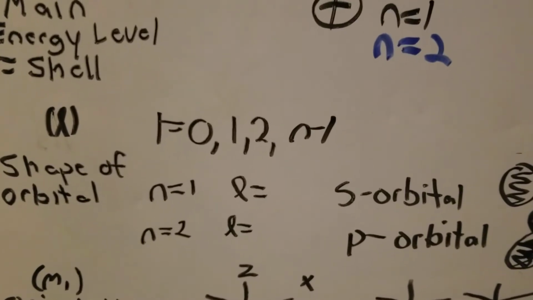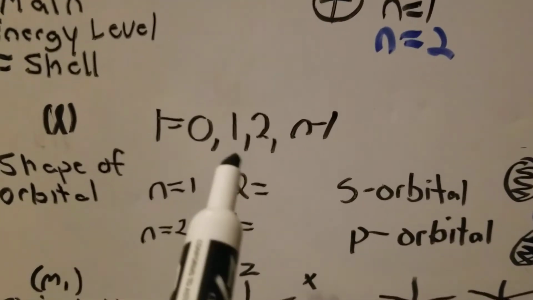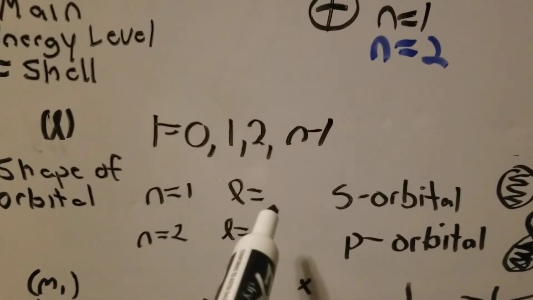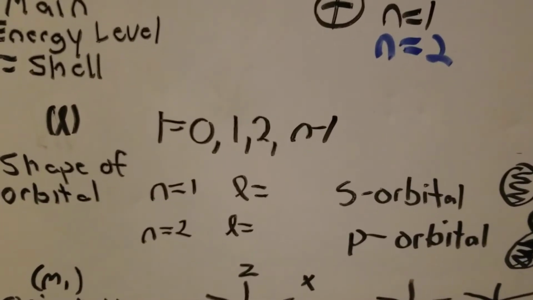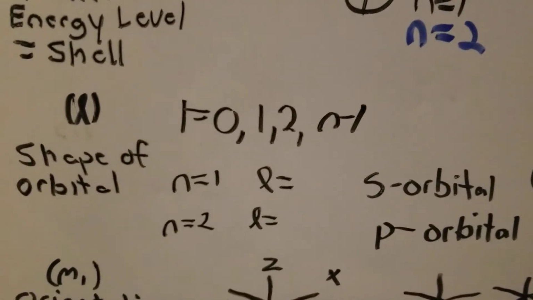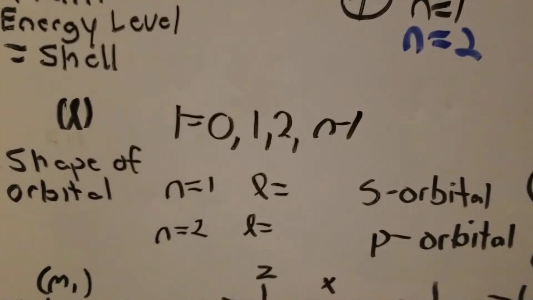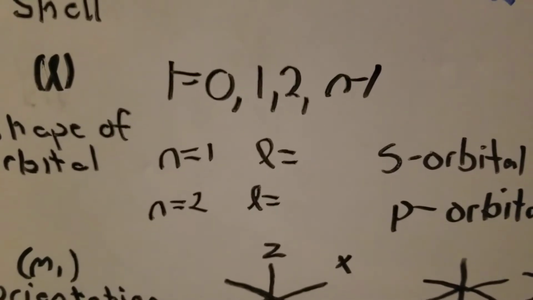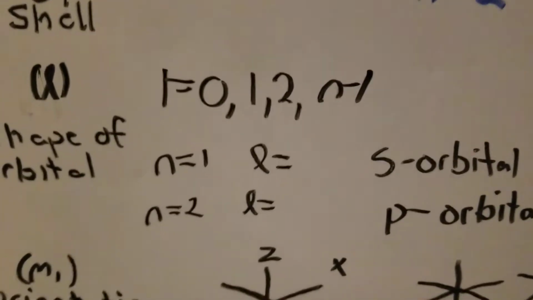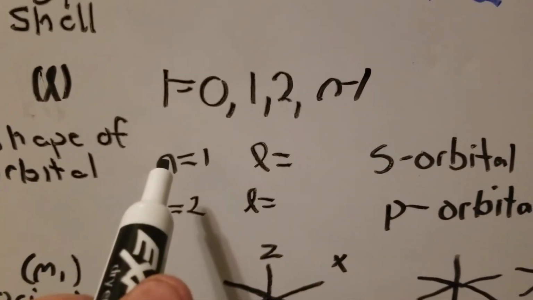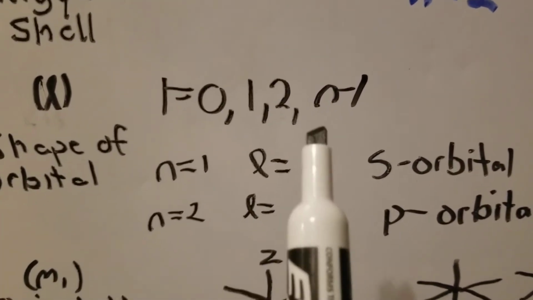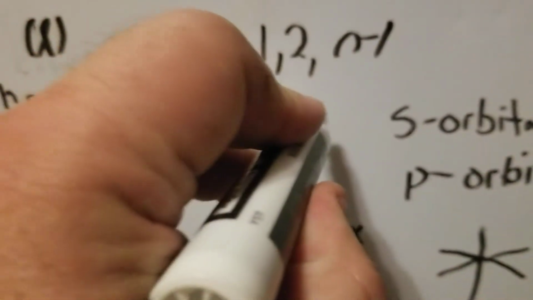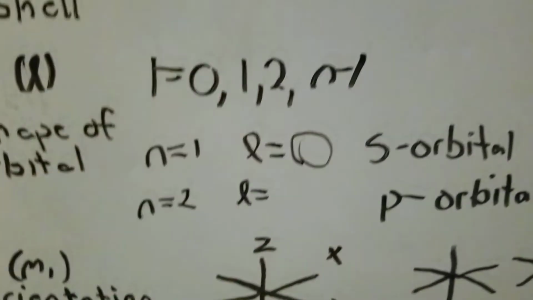L can be any number starting with 0, 1, 2, up and into n minus 1. So if we think of L being dependent upon n, any number up to n minus 1, let's say n equals 1. This would mean if L is n minus 1, L would be 0.